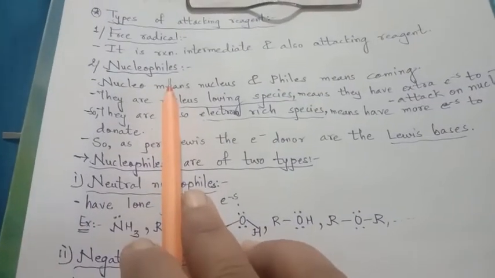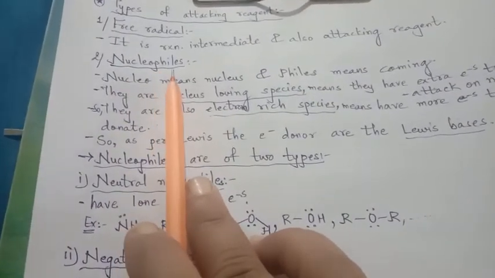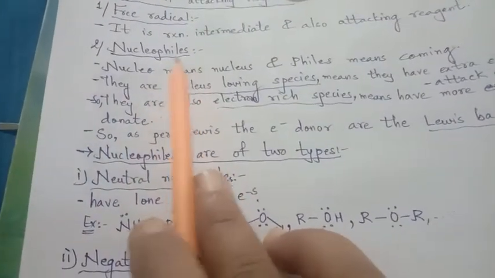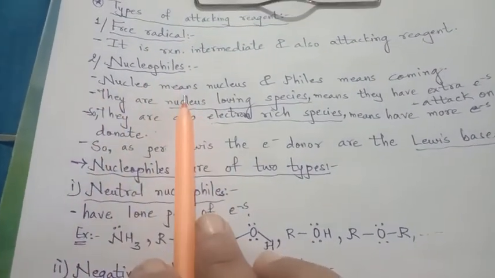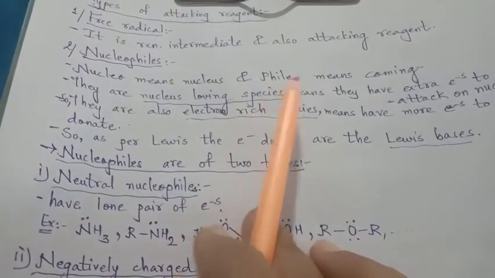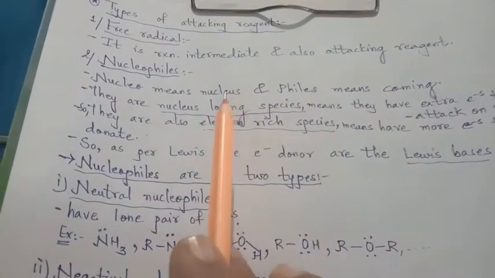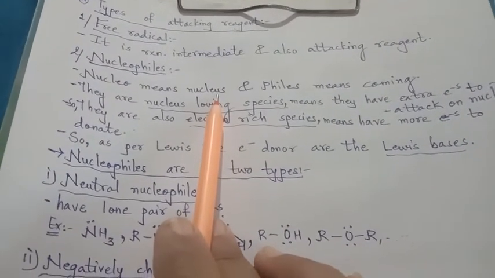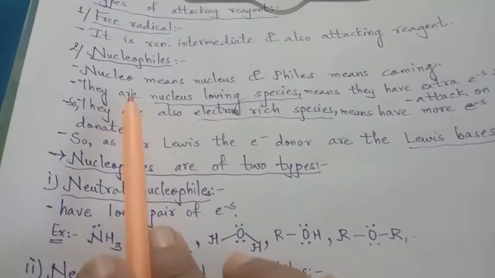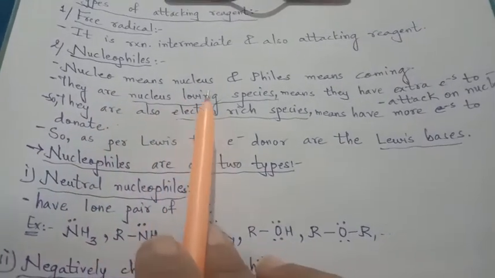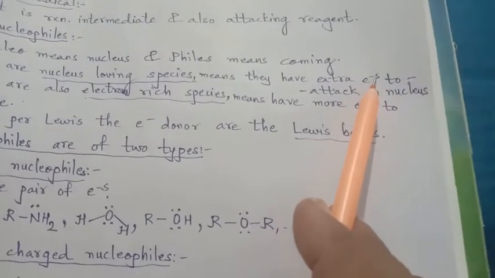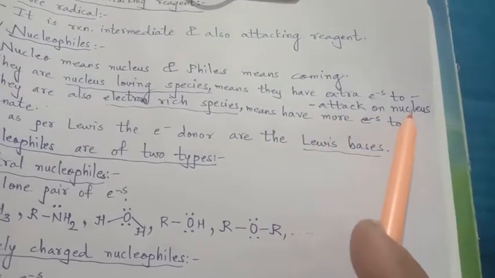Now the next attacking reagent is nucleophile. What is the meaning here? Let us see. Nucleo means nucleus and phile means loving. That means the thing which is coming to the nucleus is called nucleophile. Nucleophiles are nucleus loving species. It means they have extra electrons to attack the nucleus.